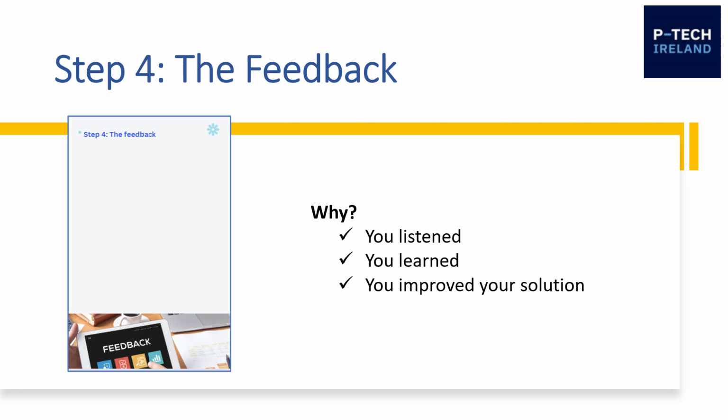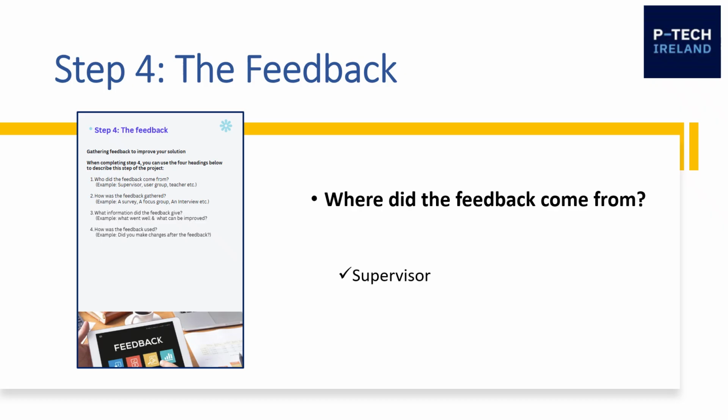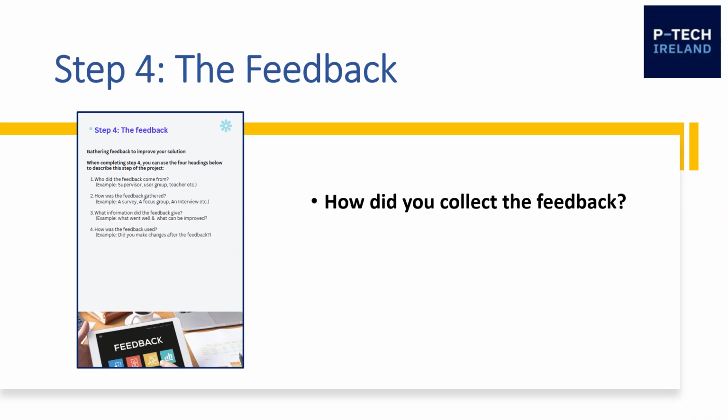So when you're completing step 4 of the project, you need to think about what kind of information you're going to include. So for example, where did the feedback come from? Maybe it came from a supervisor, maybe it came from a teacher, or maybe it came from a user group. You need to think about how the feedback was gathered or collected.